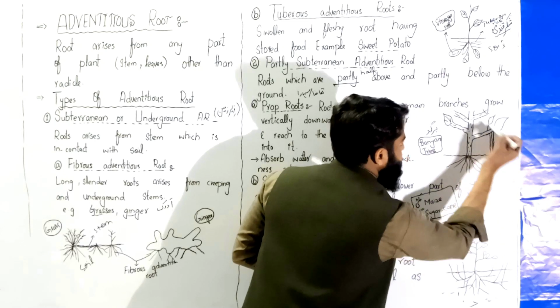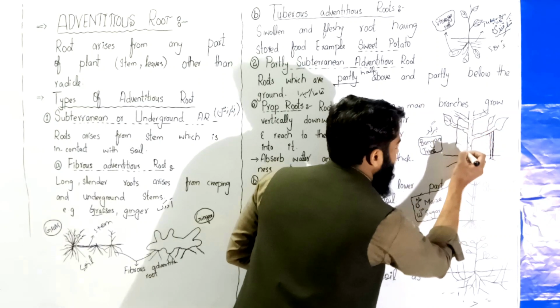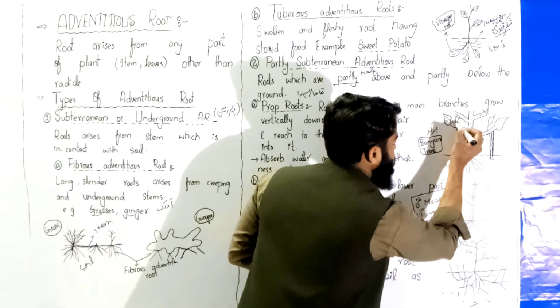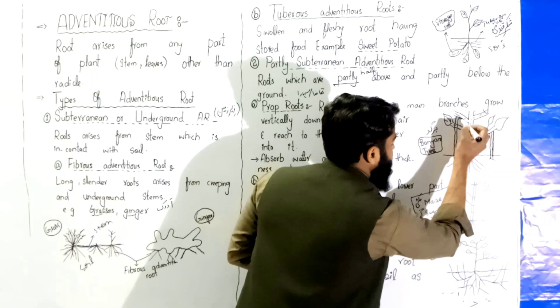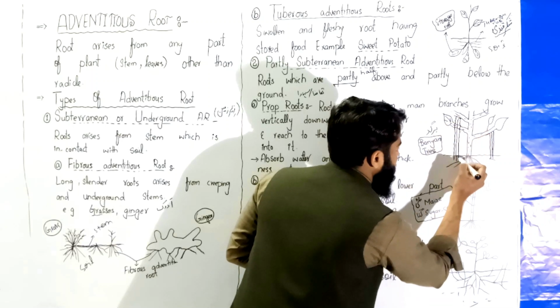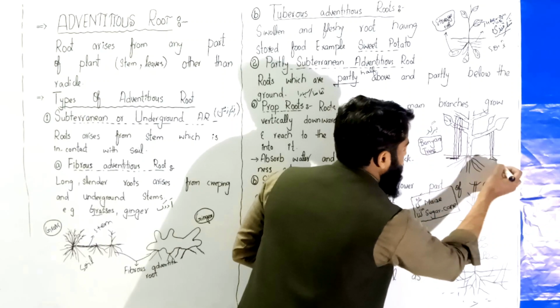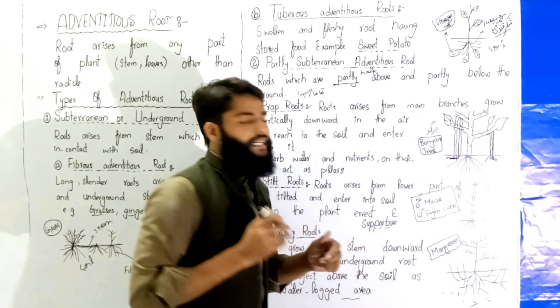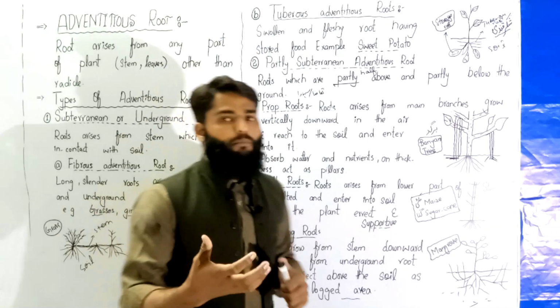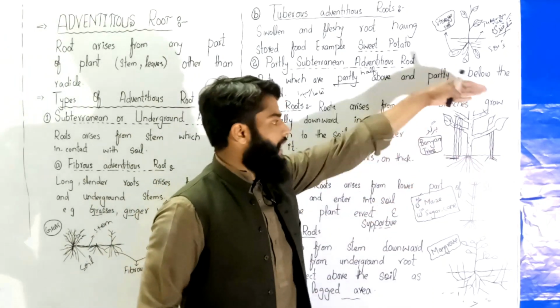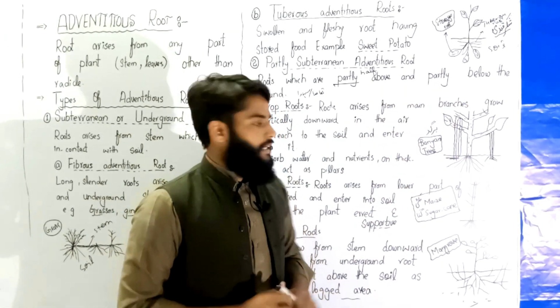So these are the structures which are known as the prop roots, which are growing towards the gravity, towards the soil and finally enter into soil, and from this soil these roots absorb water and nutrients and provide to the upper part of the plant.